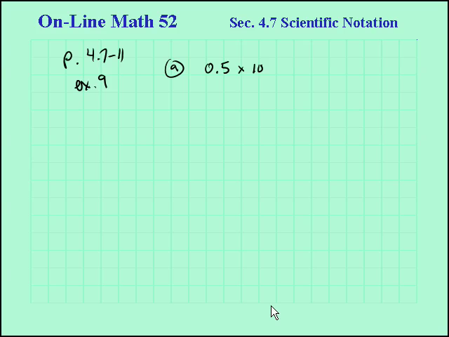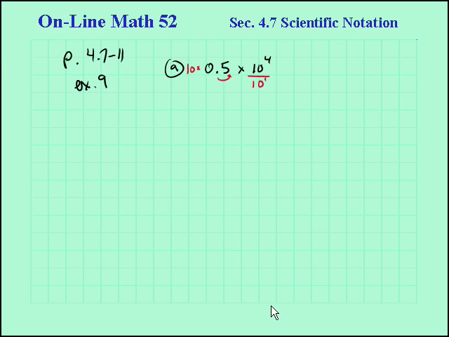So 0.5 times 10 to the fourth, in order to balance this out and get it to be in proper scientific notation, I actually have to multiply it by 10 because I want to get that decimal point one place over. So this time, I've got to multiply by 10. And that means to counteract it, I've got to divide by 10, or divide by 10 to the first.